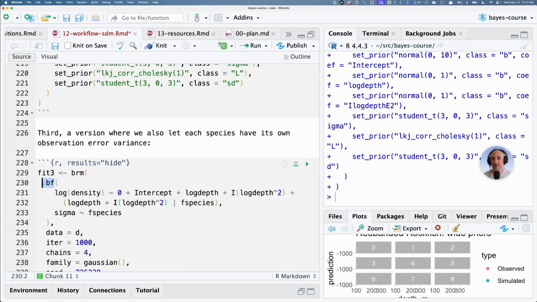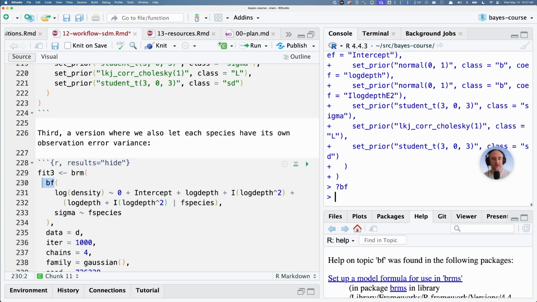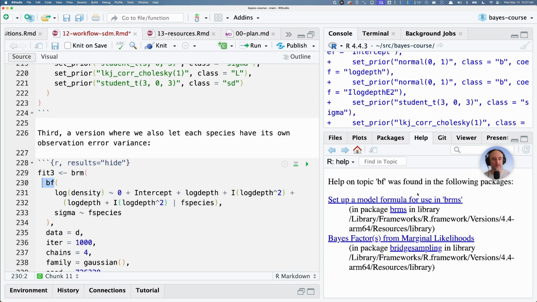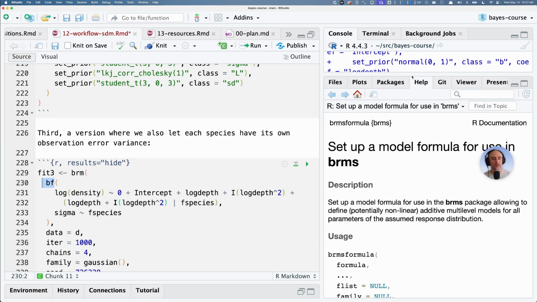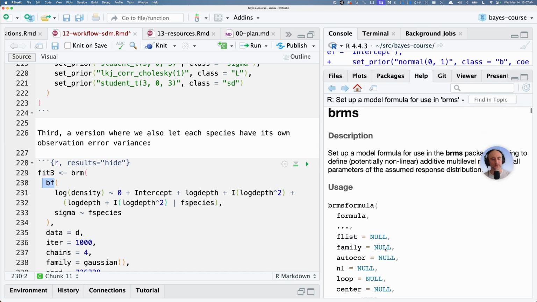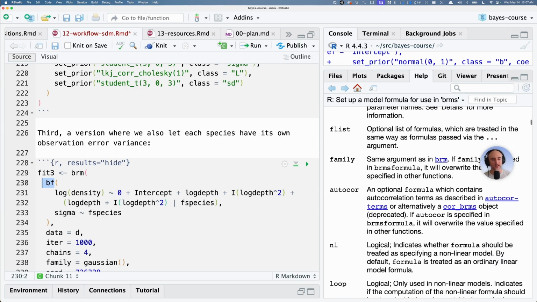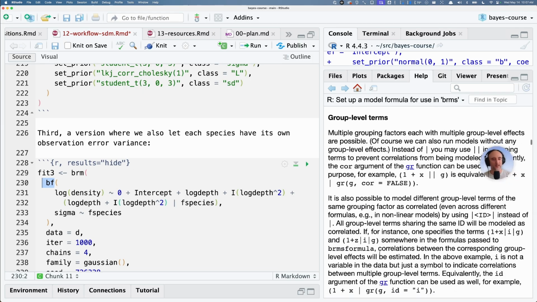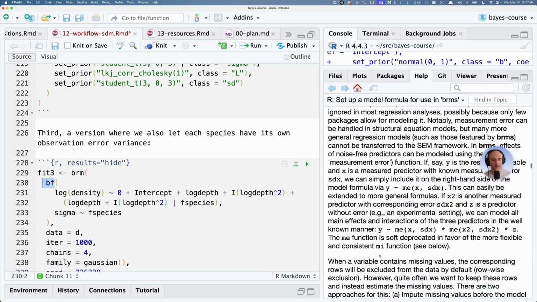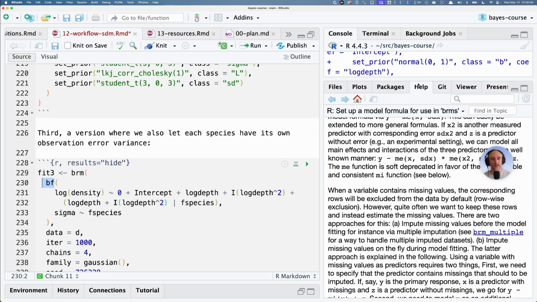And with BRMS, for these fancier formulas, of which there are many, there is a function BF in the BRMS package, which lets you include all sorts of additional functionality in the formula, with a ton of documentation here. So we are going to do that.